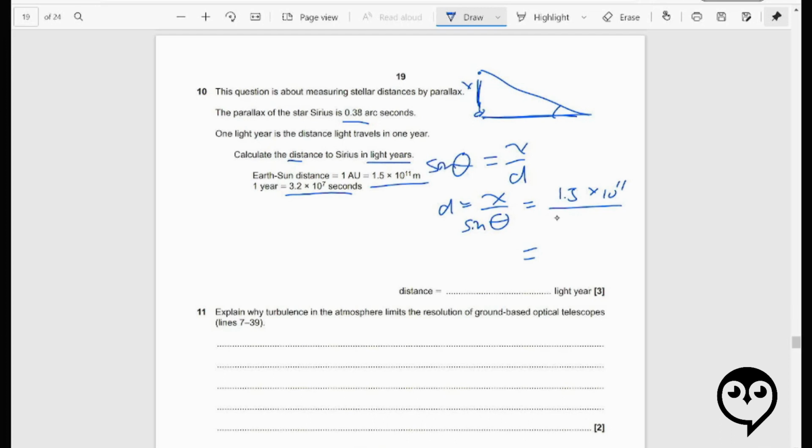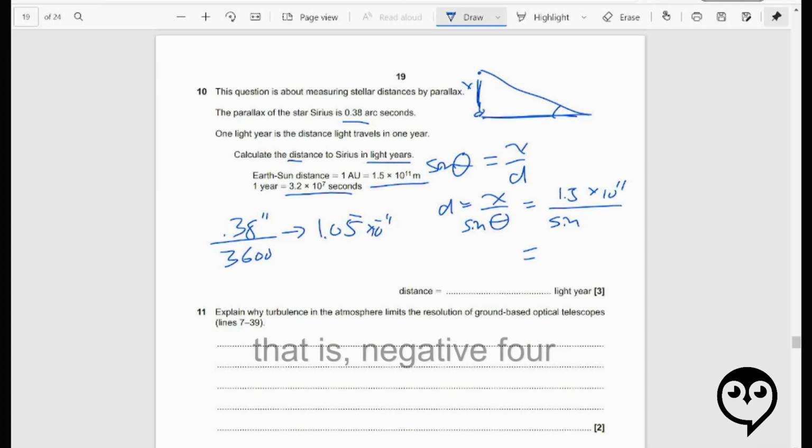So we're going to do sine, but first we need to take our arc seconds and divide by 3600. That gives us the number in degrees. It's a very small number, 1.05 repeated times 10 to the power of negative 4. Okay, and so we're going to do the sine of that.